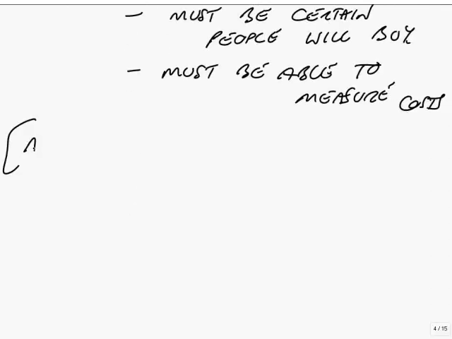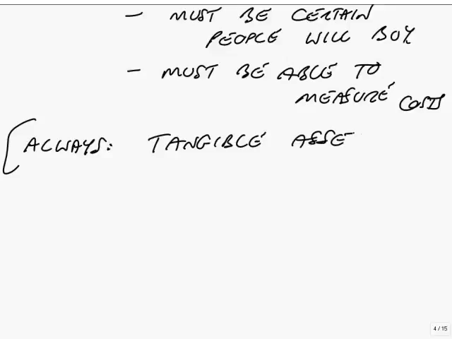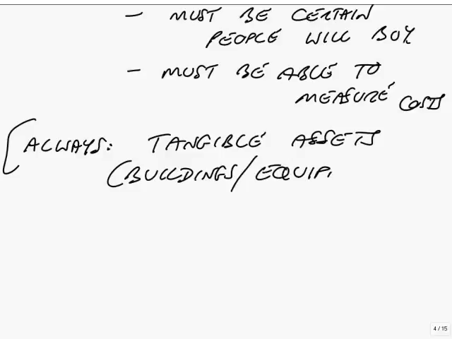Always tangible assets, buildings, machines, etc., or equipment, etc. Again, it doesn't matter why you're doing it, you always capitalise and depreciate.